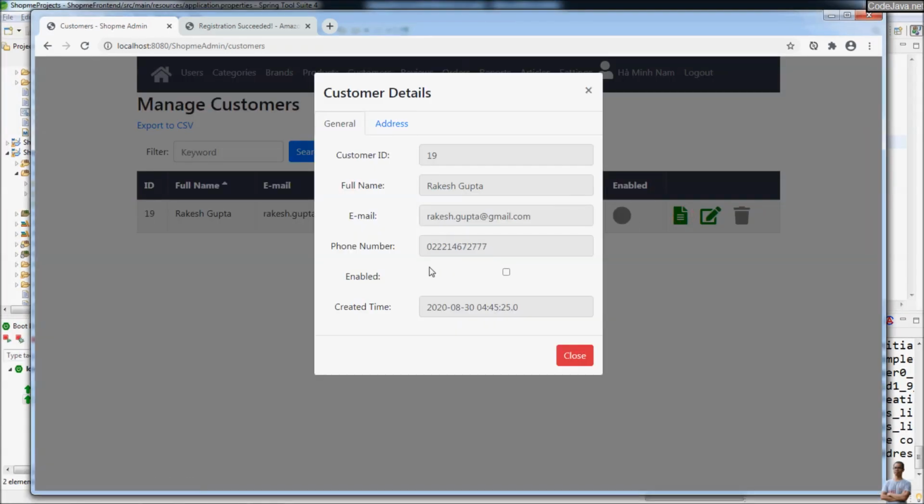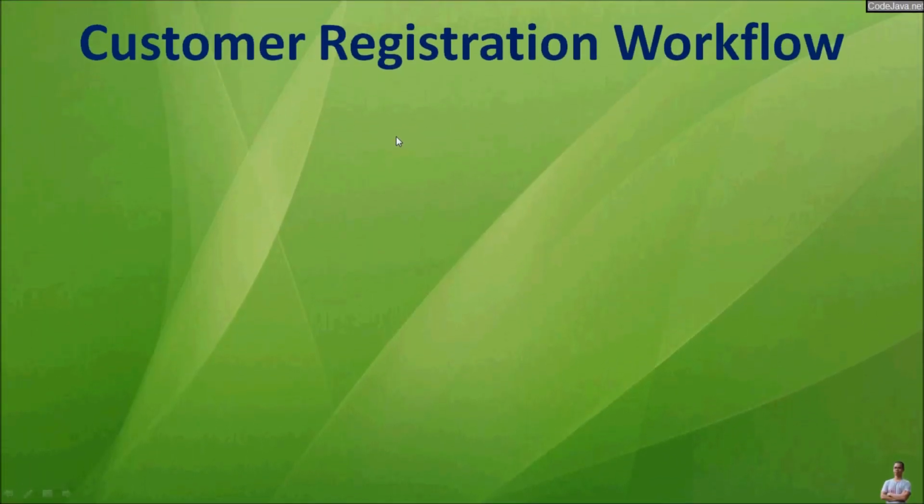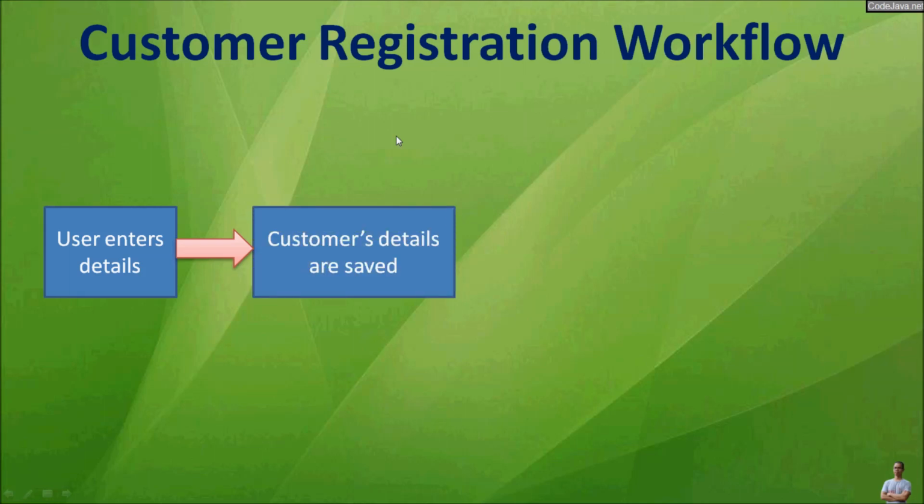General information, enabled is false here. This is a customer registration workflow. First, the user enters the details in the customer registration form and then submits the form to the server.